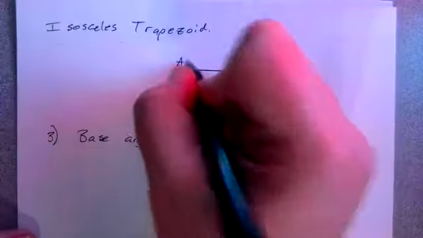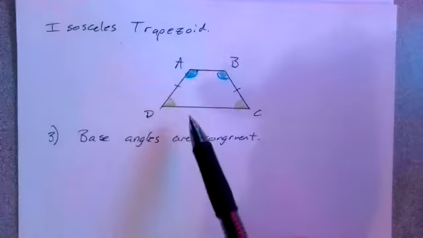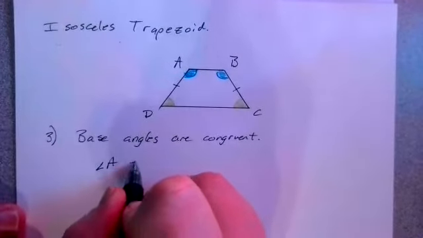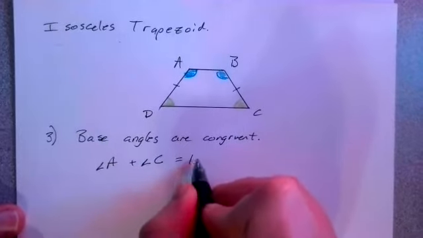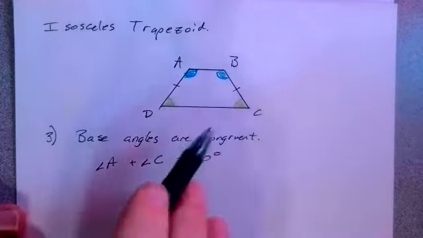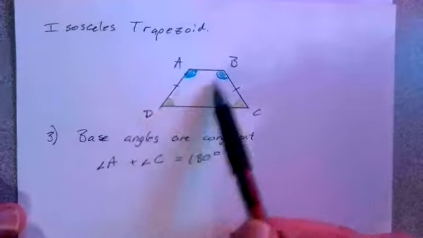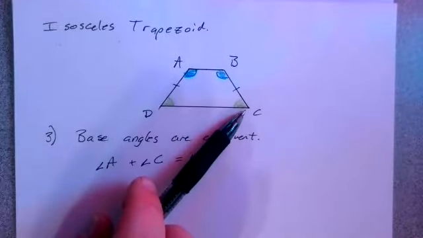So I'm going to write it like this: A, B, C, D. So trapezoid ABCD. We could say that angle A plus angle C are going to equal 180 degrees. These are going to be supplementary, as well as angle B and D are going to be supplementary. So if they're across from each other like that, they're also going to be supplementary.